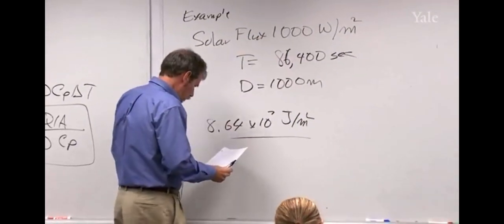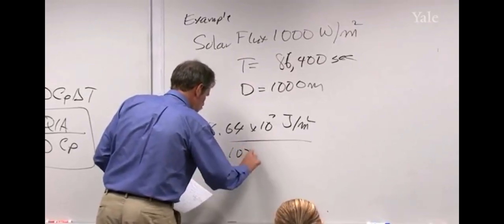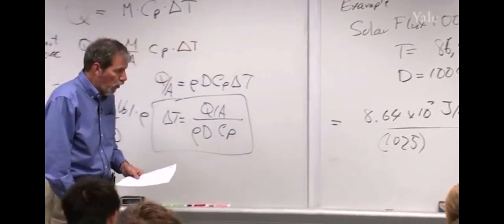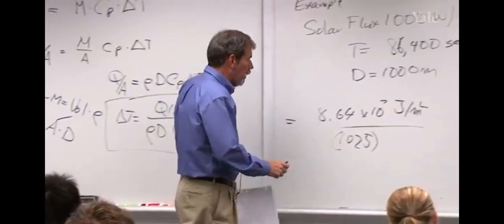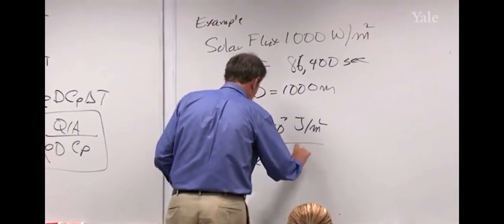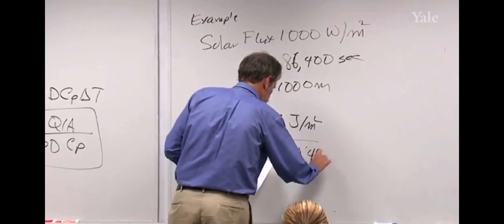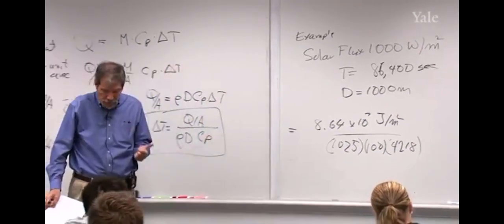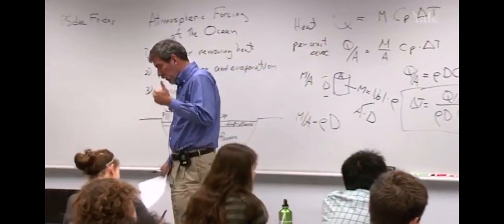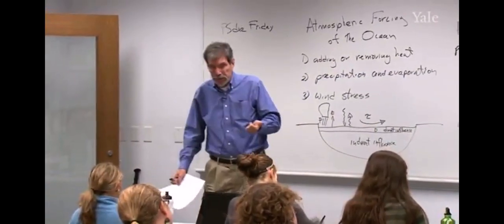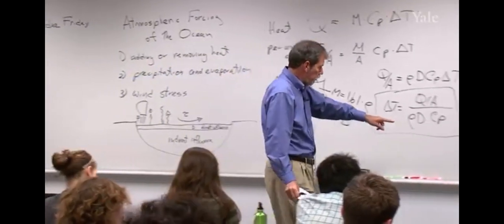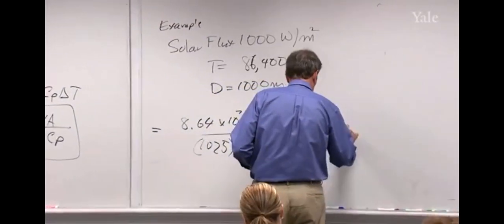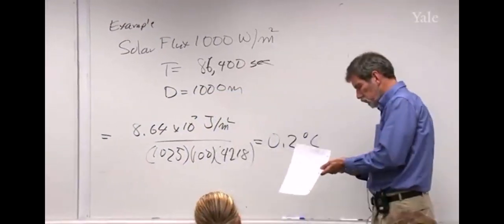And then down below, I'm going to put in an estimate for seawater density, a depth of 100 meters, and the heat capacity for water, which is about 4,200 joules per kilogram per degree. That's C sub P. And you work that out, and you might want to check me, but I got 0.2 degrees Celsius.